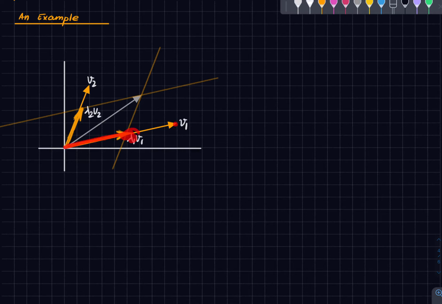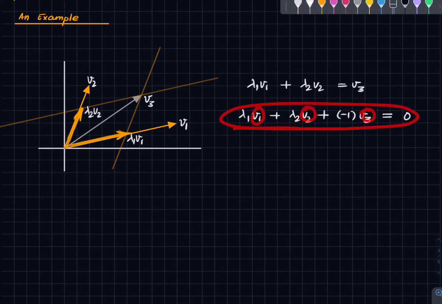So this is lambda 1 v1, this is lambda 2 v2, and we just said that lambda 1 v1 plus lambda 2 v2 equals v, or call it v3, just by the parallelogram law. So we have lambda 1 v1 plus lambda 2 v2 minus v3 equals 0, and therefore a non-trivial linear combination of v1, v2, v3 is 0, and therefore these are linearly dependent.